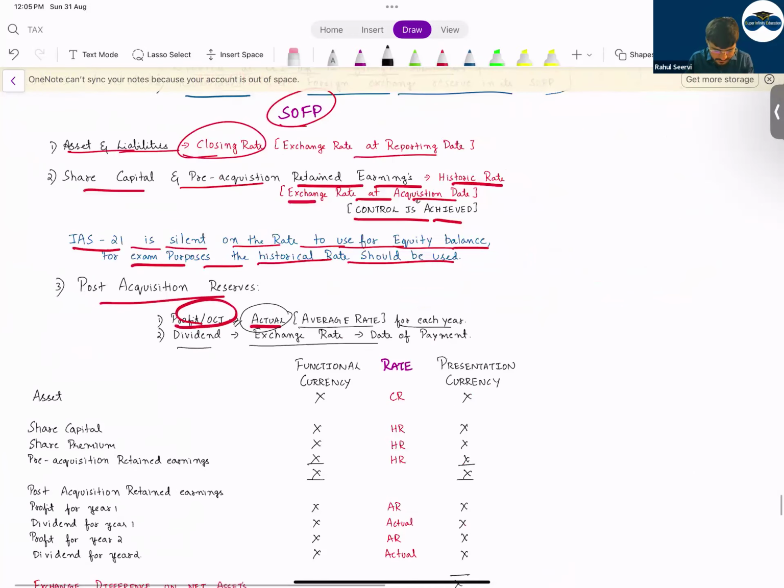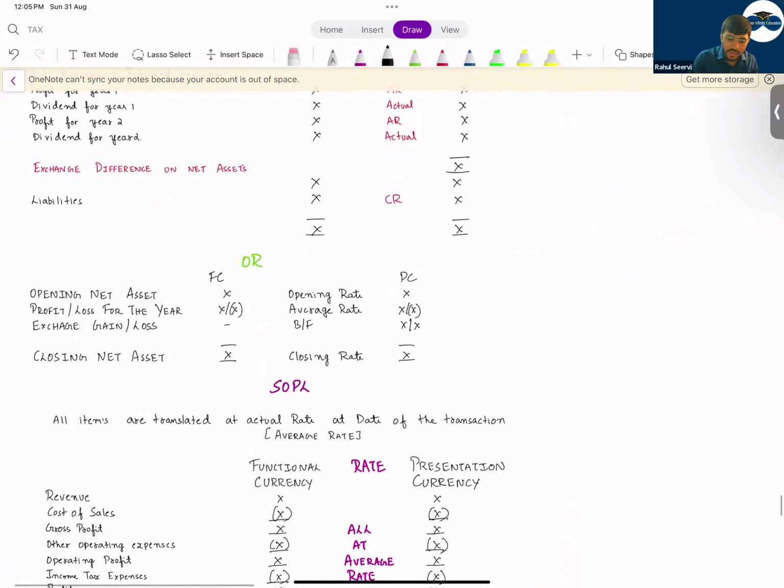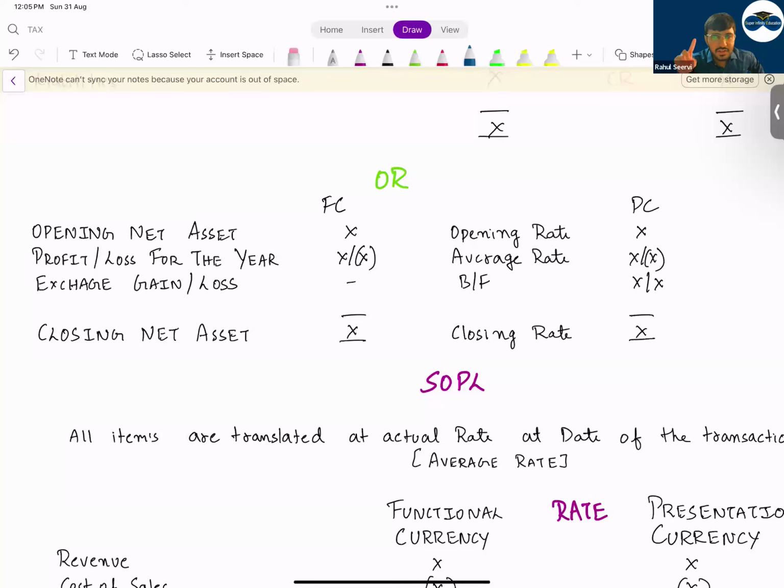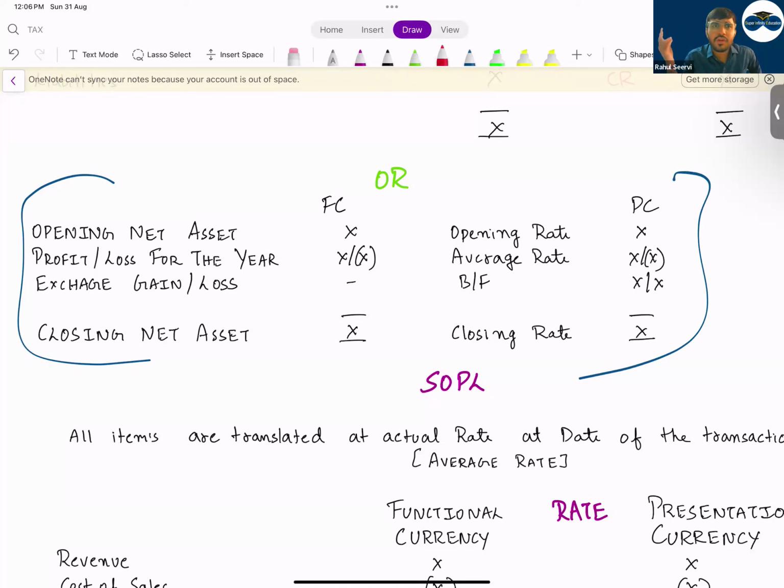Now see here, you will have the gain or loss on two things: net assets and profit, and goodwill. For net assets and profit, we do this calculation. In your ACCA SBR exam, the examiner will never ask you to prepare a full consolidated financial statement for a foreign operation.